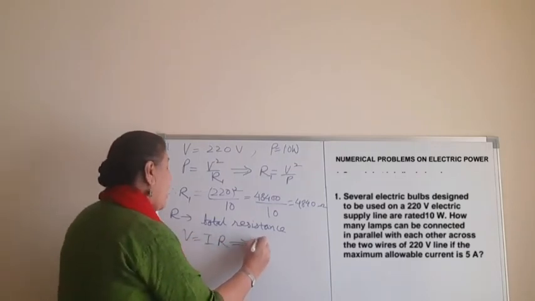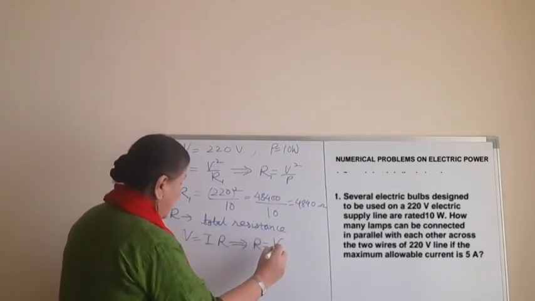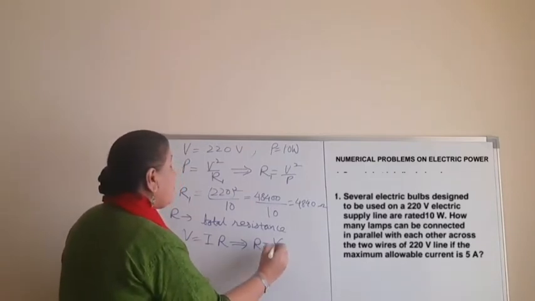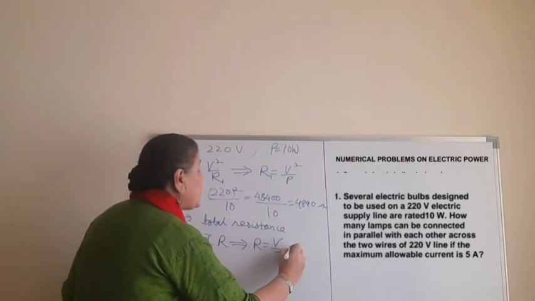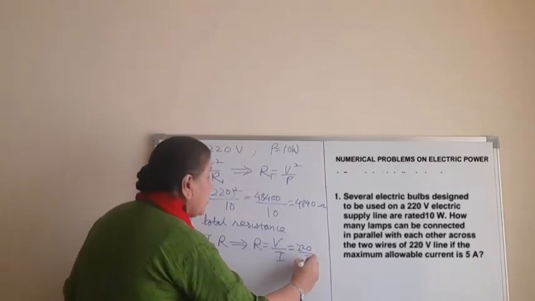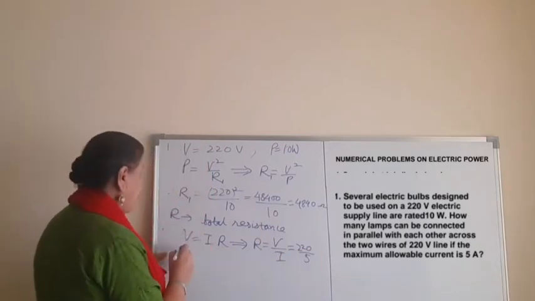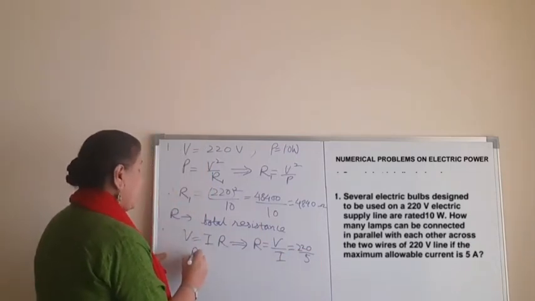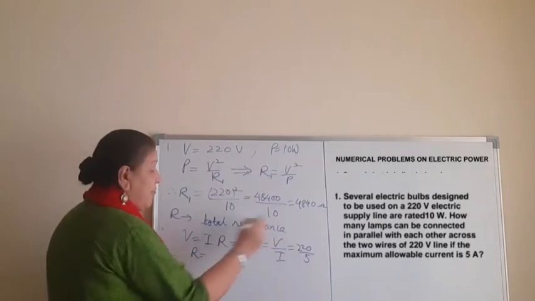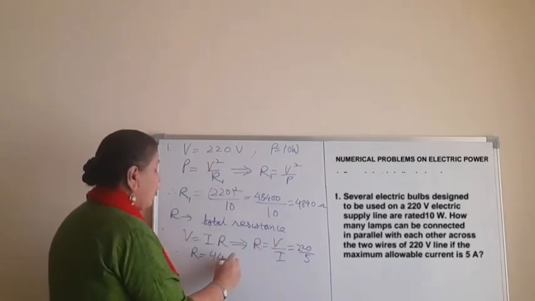From here, R is equal to V by I. V is given to us as 220. I is given as 5 ampere. So therefore R, the total resistance of the entire circuit, is 5 4s are 20 and 5 4s, so 44 ohm.